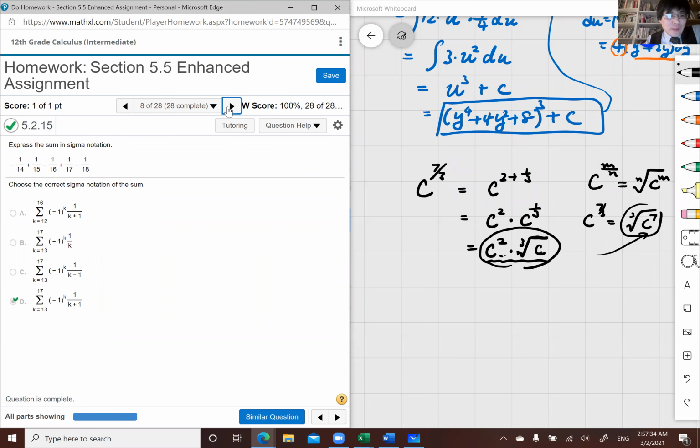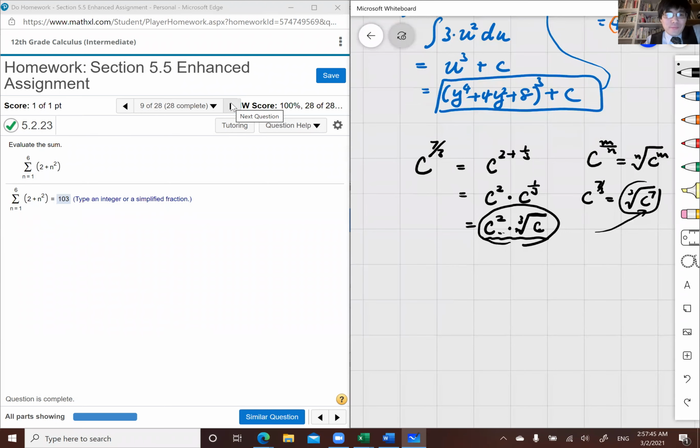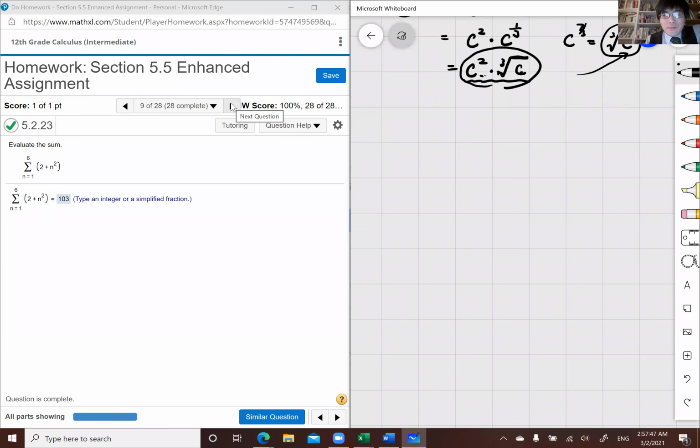This is a review problem about the sigma notation. So I'm going to skip this. Again, you can use a formula, or you can just add, because you only need to add 6 different numbers. If you use the definition of the sigma, when n is equal to 1, that's 3.